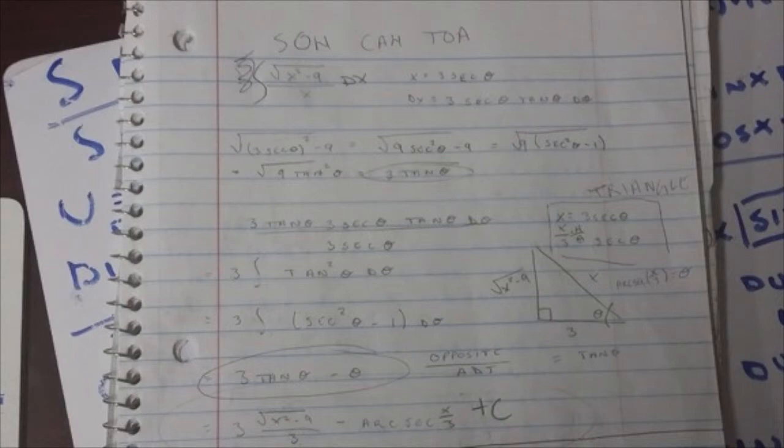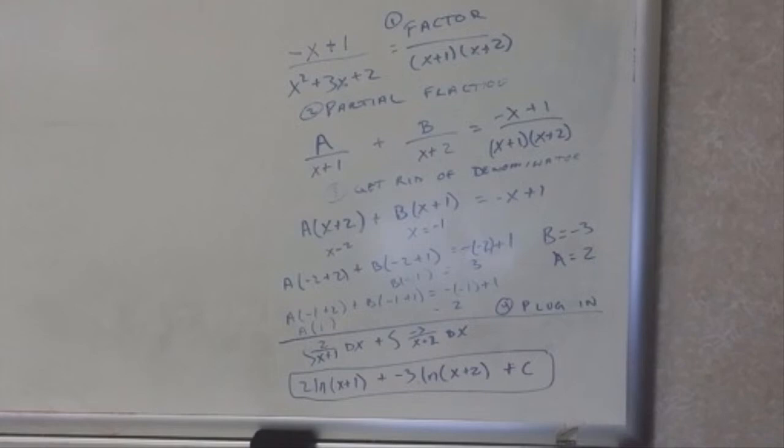The next method we will look at is partial fractions. For this equation, we are going to look at the integral of negative x plus 1 over x squared plus 3x plus 2. The first step in partial fractions is to realize that you can factor the denominator.